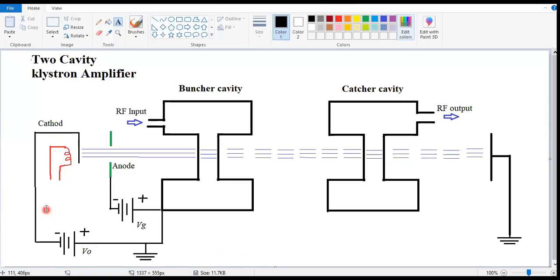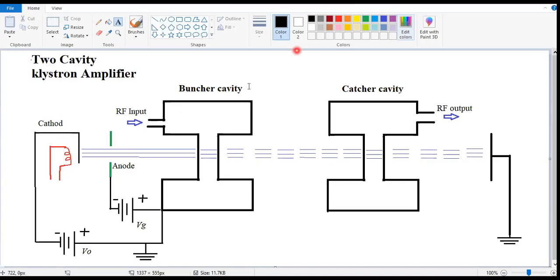Now here, whatever your concept of CRT you might have studied in your CRO: the electrons are generated by the electron gun, and they are bombarded on the fluorescent screen of the CRT.